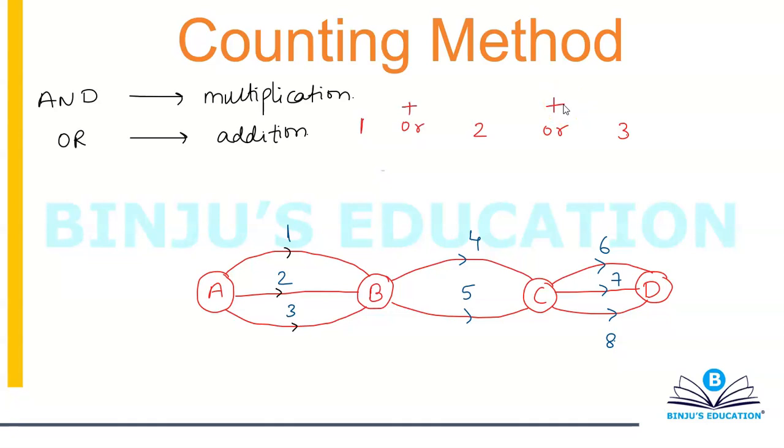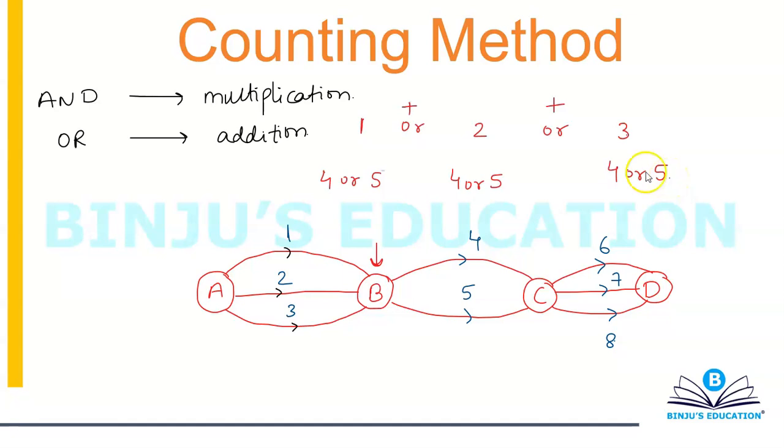Now, if I use the first path and I have reached B, then I have two possibilities with me, 4 or 5. Same thing goes for the second also, that is 4 or 5. And the same thing goes for the third also, that is 4 or 5. This is the only thing that I can do.